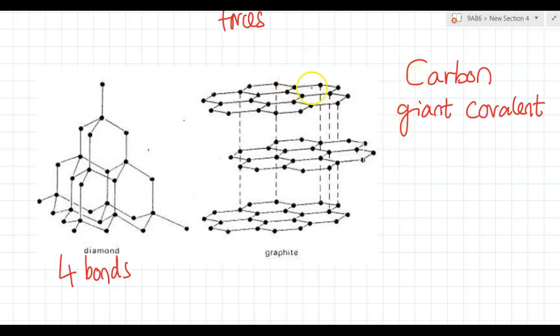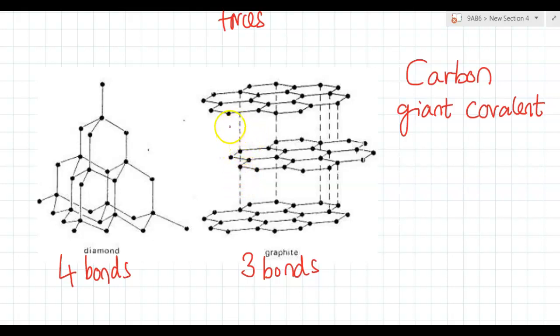Whereas in graphite, you can see these hexagonal discs make layers of carbon atoms where the carbon only makes 3 bonds, and that gives graphite its unusual property as a non-metal of being able to conduct electricity when it's solid.